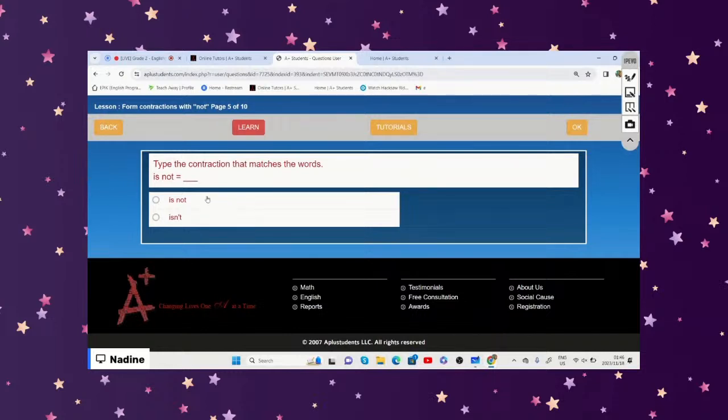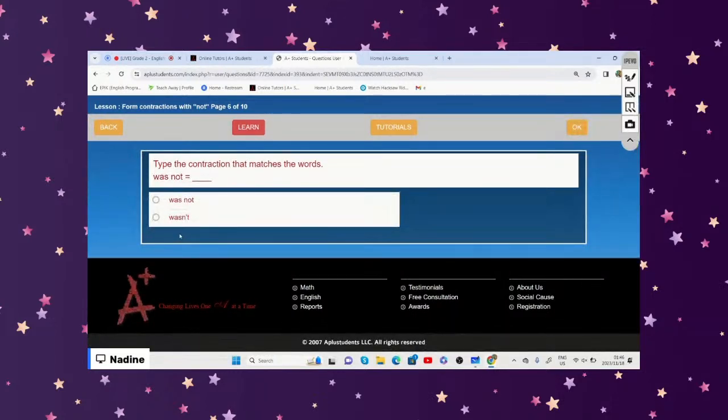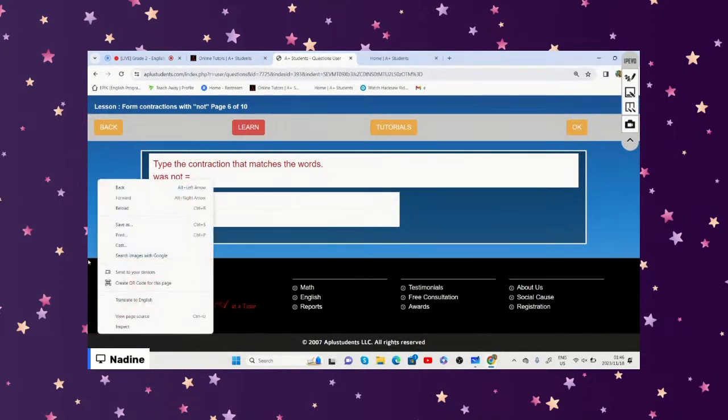And if we choose our contraction for is not, then we can choose isn't, right? So isn't is correct.